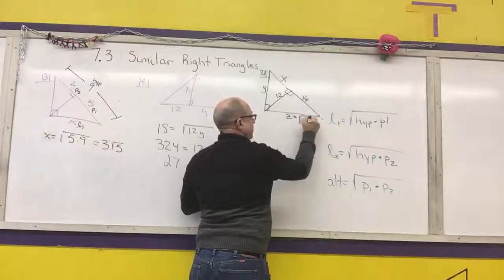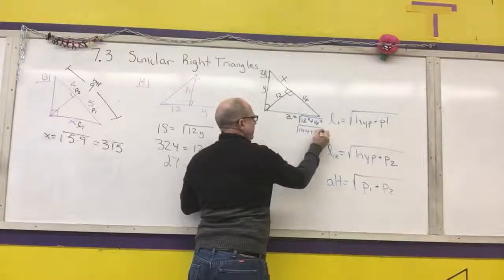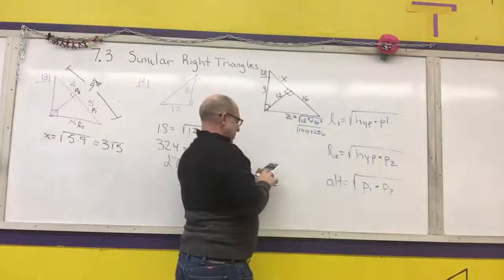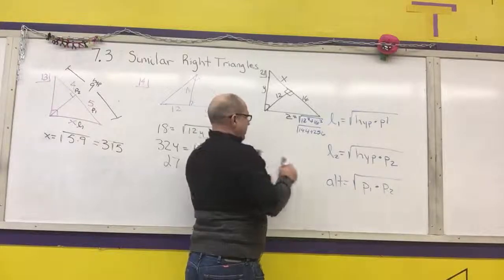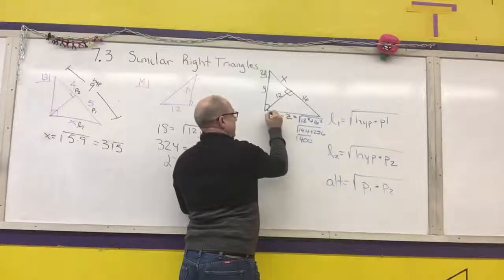So square root of 12 squared plus 16 squared, which is the square root of 144 plus 256. That is in fact the square root of 400. So z is 20.